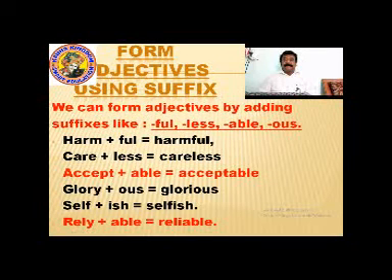Accept is the root word. We are adding a suffix, that is ABLE, able. It becomes acceptable. It's an adjective. Glory plus OUS. It becomes glorious, GLORIOUS.